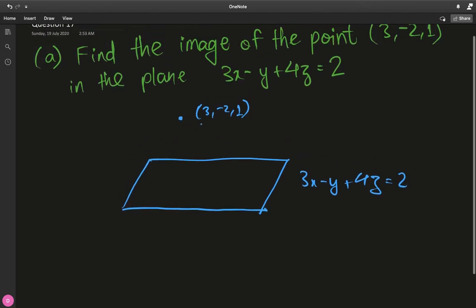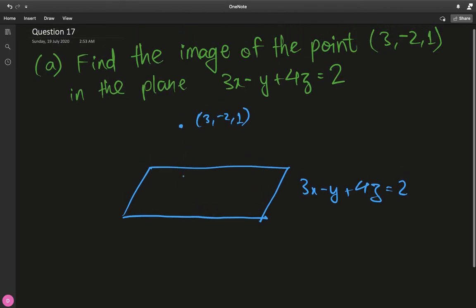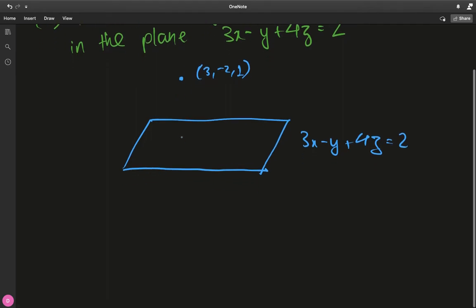So when they mean image of the point, they basically want to reflect this point about this plane. So the image of this point, which if you call P, will have an image Q if you reflect it about the plane.